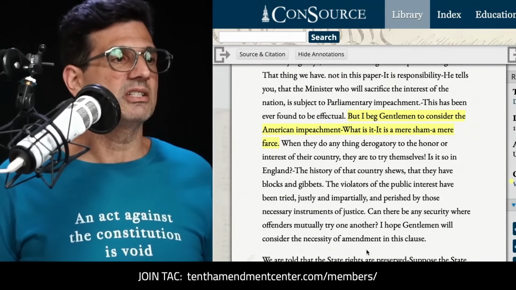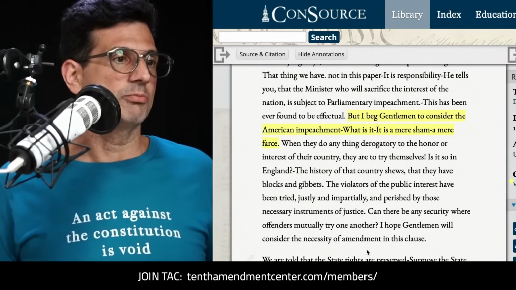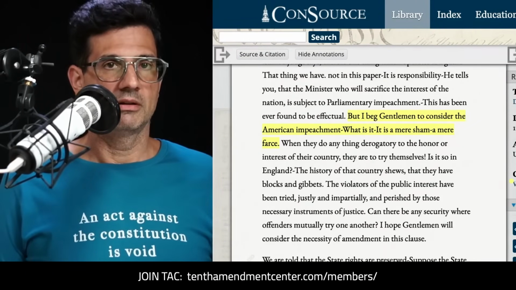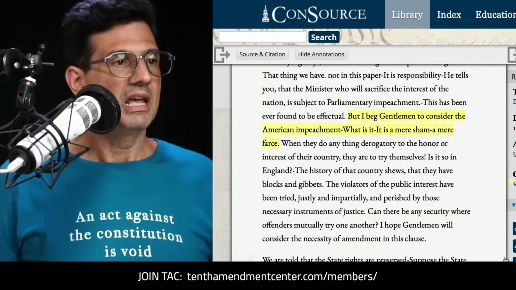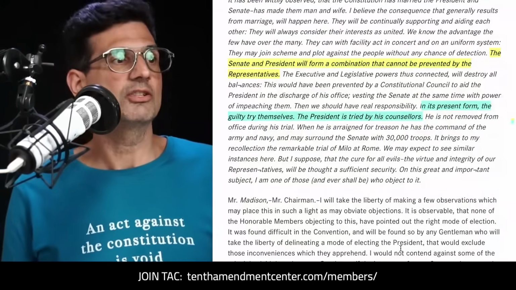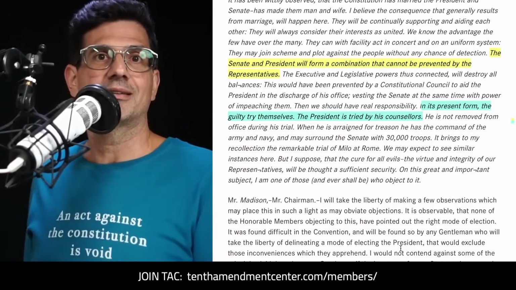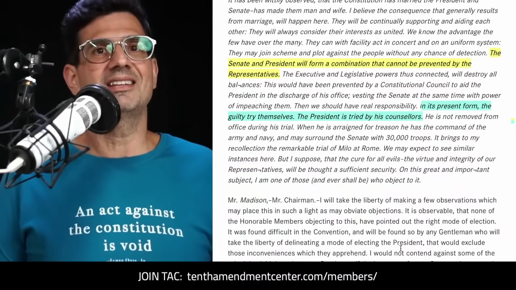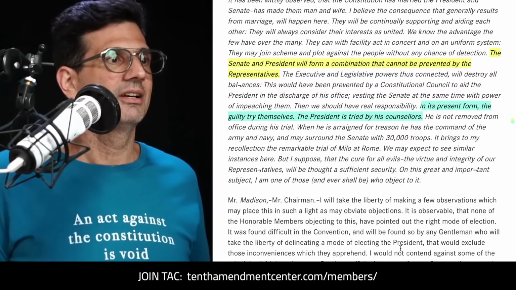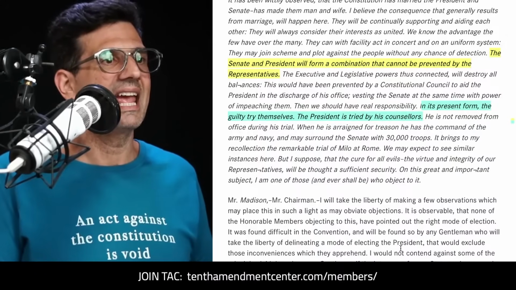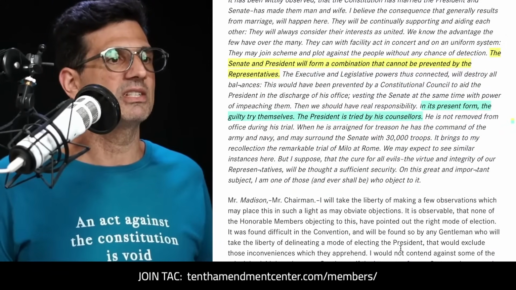But I beg gentlemen to consider the American impeachment. What is it? It is a mere sham, a mere farce. And George Mason explained one way this would play out. Basically, the people trying the impeachment are basically on the side of the person being impeached. The Senate and President will form a combination that cannot be prevented by the representatives.